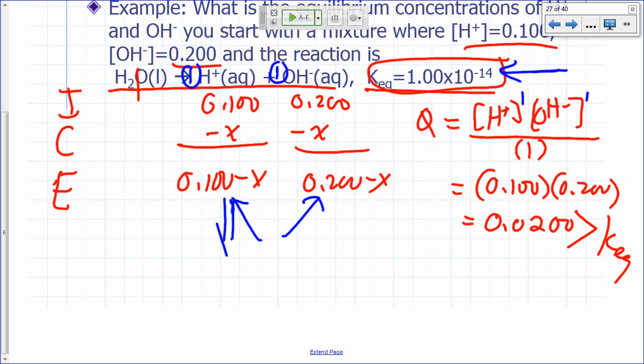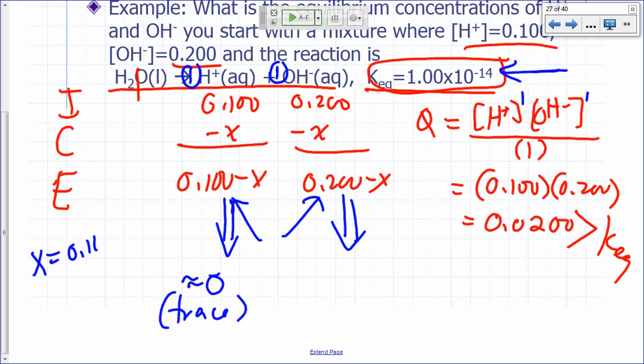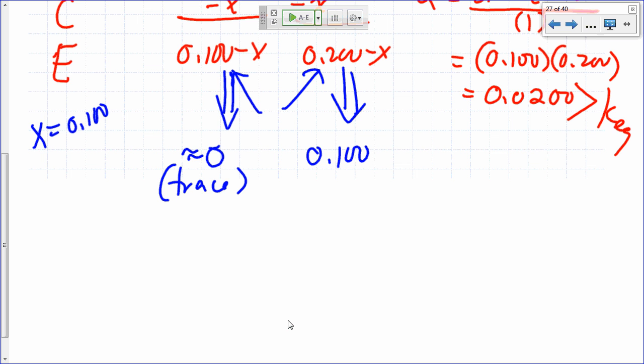So this is going to end up being essentially 0, right? Trace amounts. And what happens to 0.2? You lose 0.1 out of that, right? So your X is going to be equal to 0.1. So this is going to be 0.100. So what would I do to get my actual concentration of H plus?